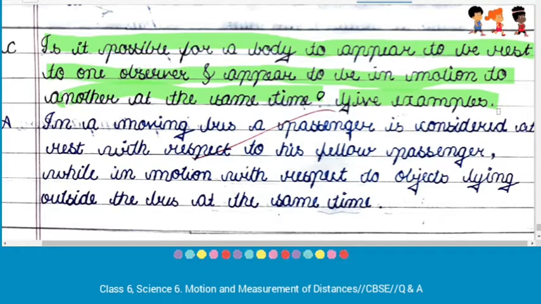Answer, in a moving bus, a passenger is considered at rest with respect to his fellow passenger, while in motion with respect to objects lying outside the bus at the same time. So whenever a passenger is sitting inside the bus, he is at rest with respect to the fellow passenger. But for the outside people, he seems to be moving.